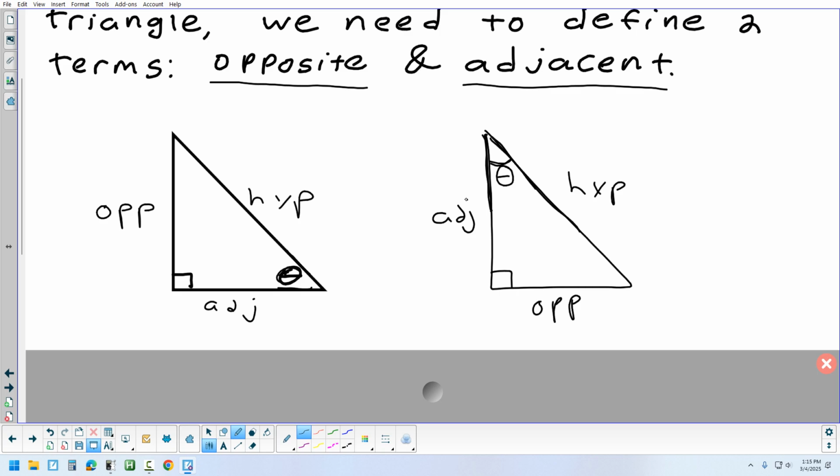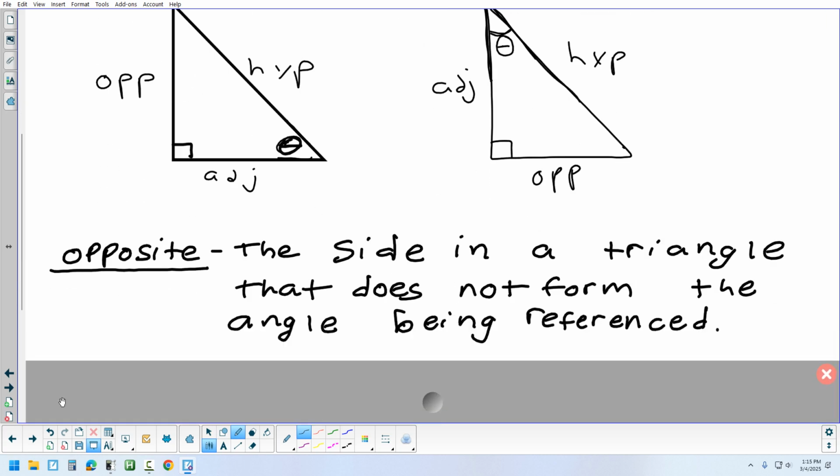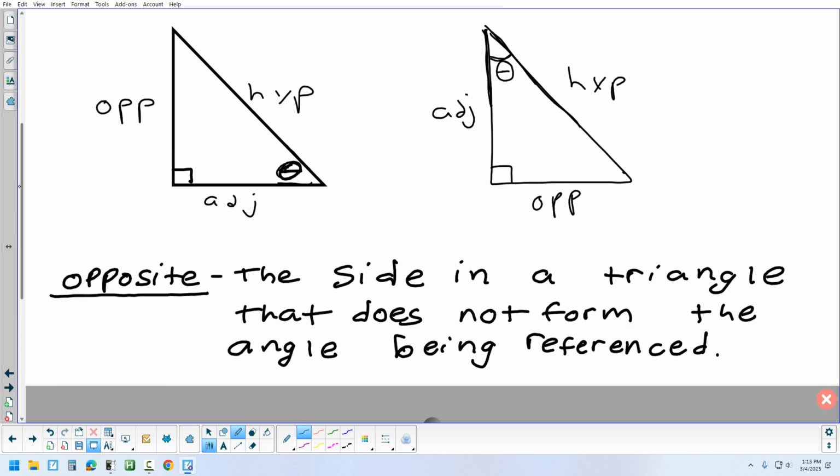So the point is opposite and adjacent will switch places depending on which angle you are referencing in the triangle, just like left and right switch places. If you're looking for a definition, opposite is the side in the triangle that has nothing to do with the angle.